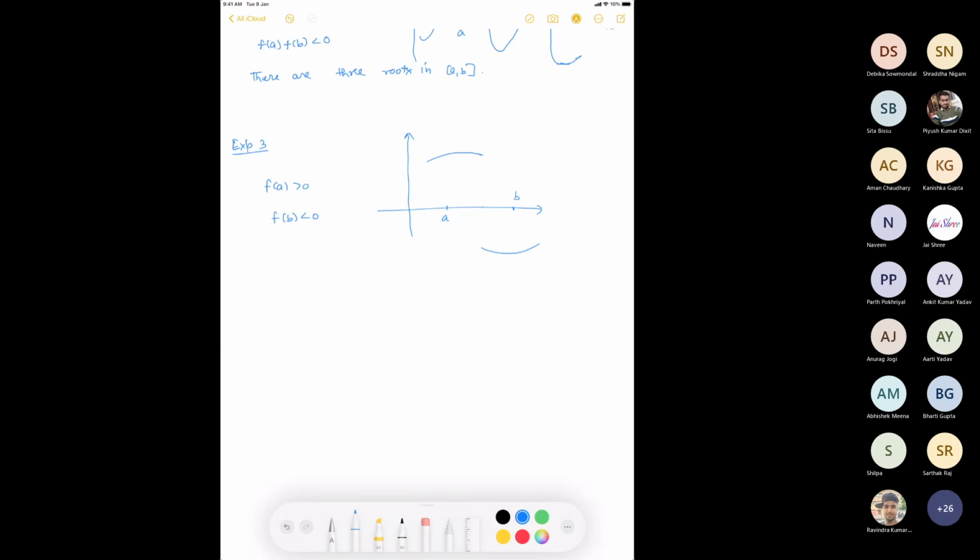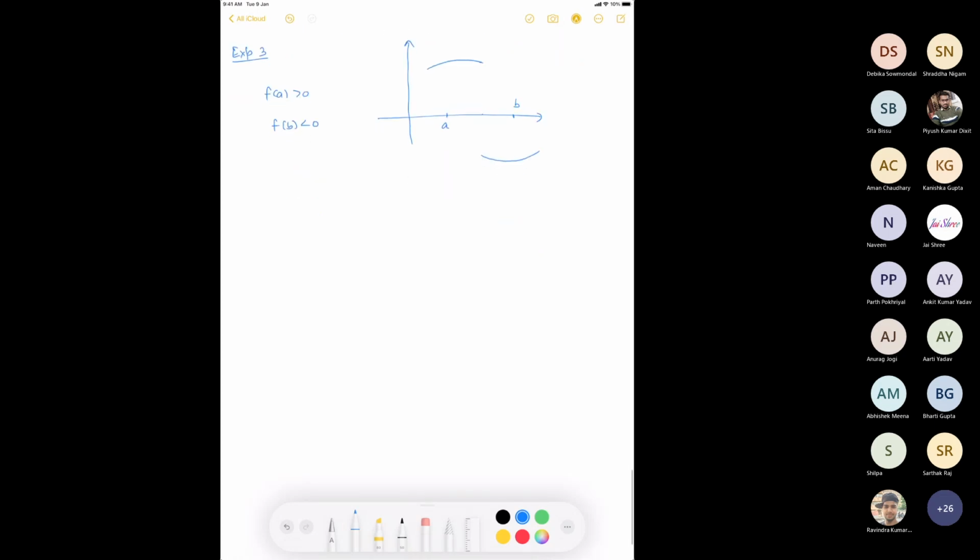All right. So now let me just describe the algorithm of the bisection method. That is all the steps that you are going to use to find the approximation of the roots using the bisection method.